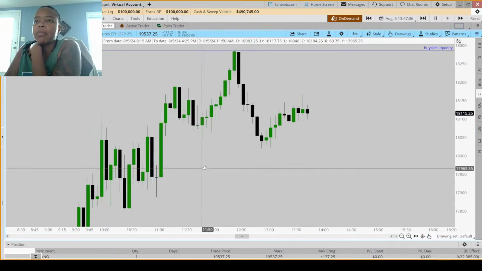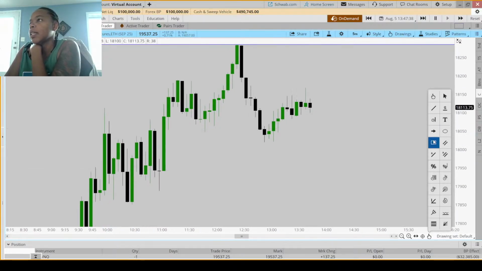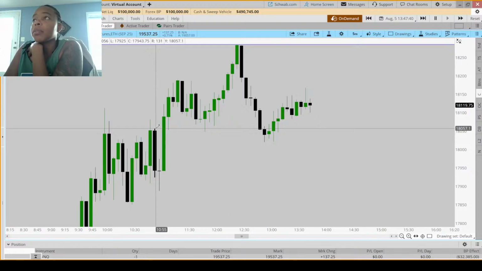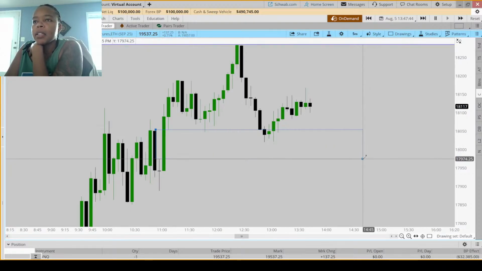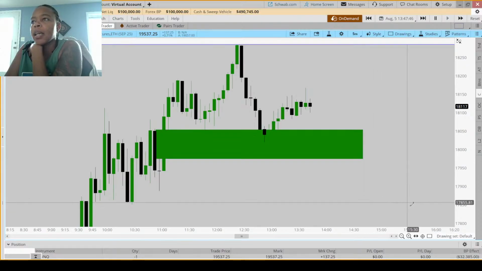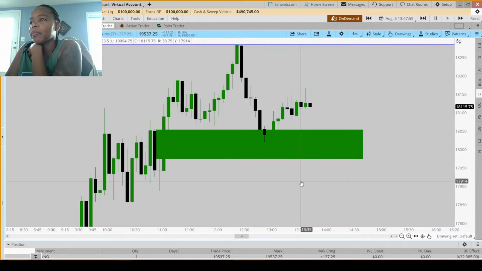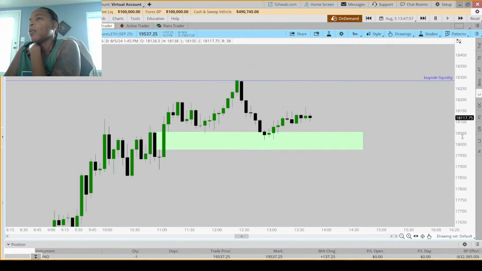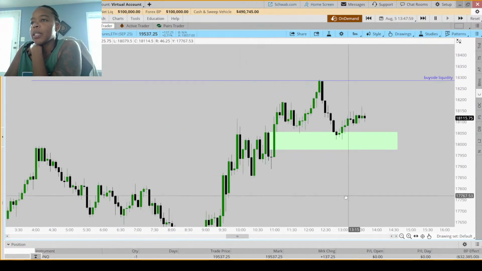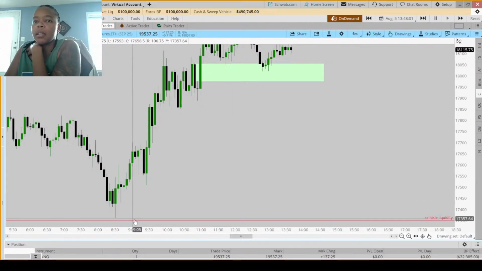So on the 5 minute, look at that guy. We have this one that's been acting as a spot where they're stopping price from going lower. So I would be reevaluating how far I would take the short.